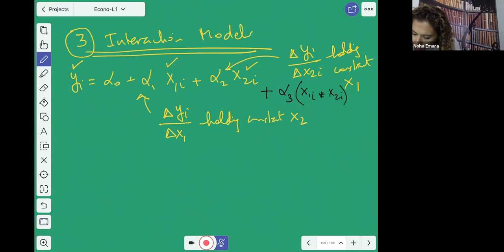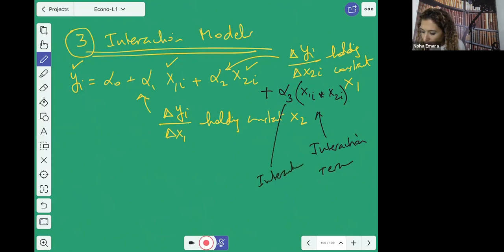This interaction term is showing me the effect of x1 on y in the presence of x2, or the effect of x2 on y in the presence of x1. So this is the interaction term, and this one is called the interaction coefficient, and it is used to give us the simultaneous effect of x1 with x2.